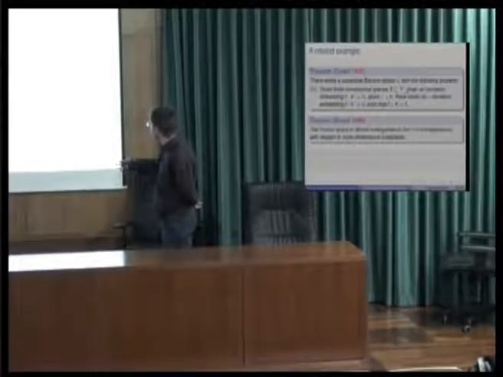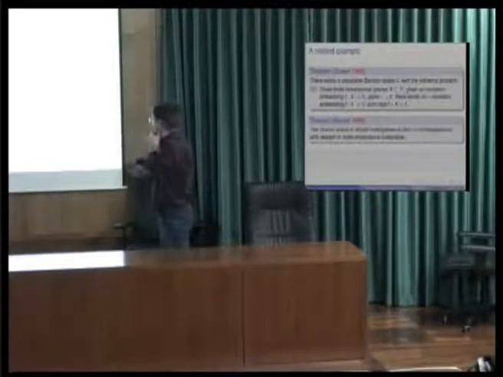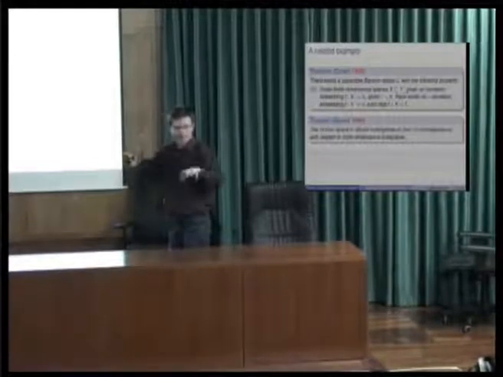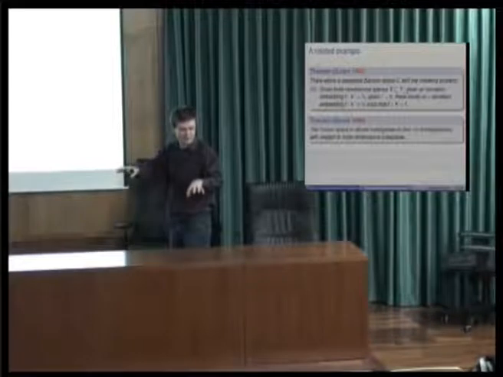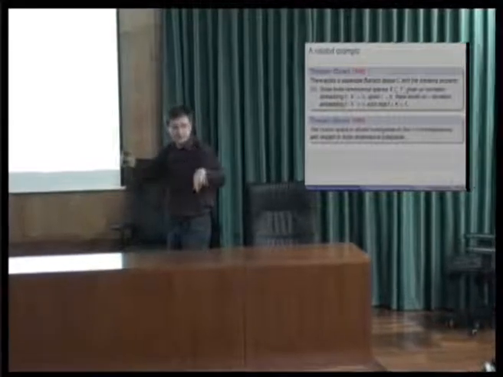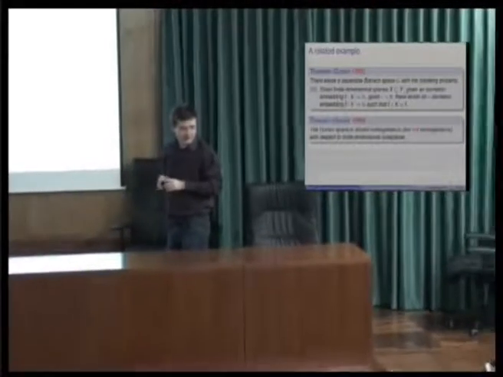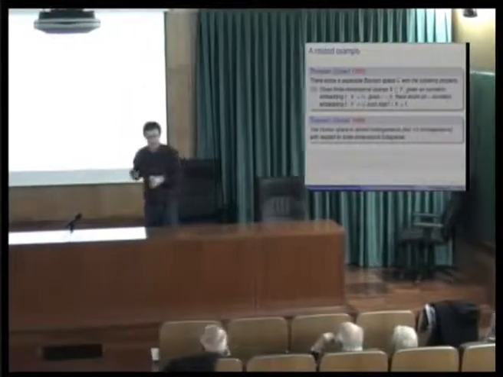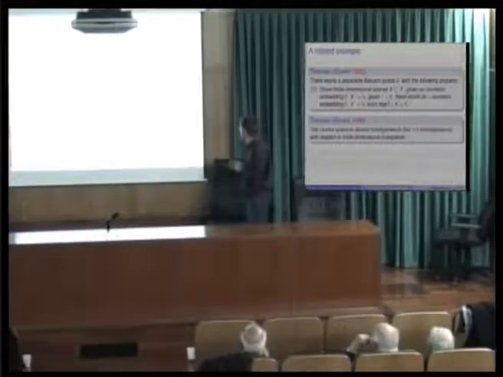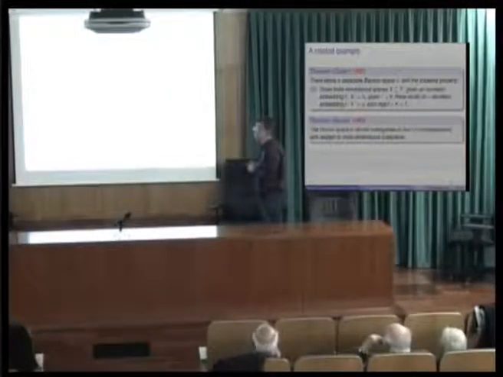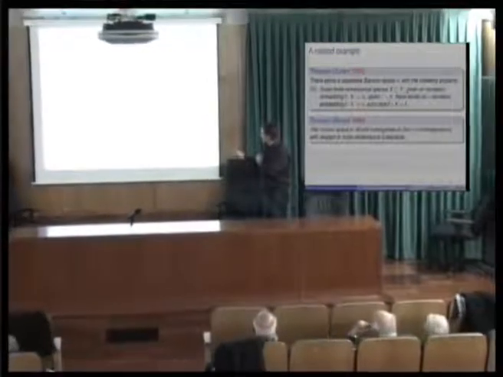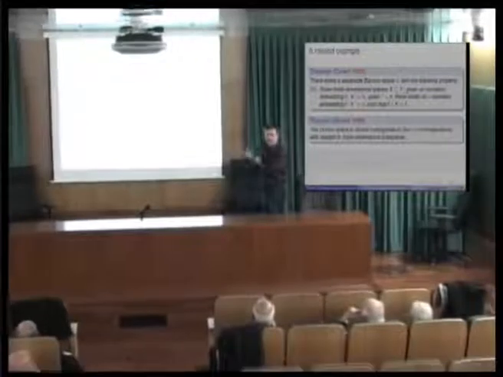Okay, this is what I mentioned here. For the Gurari space, from this condition you could prove something which I call almost homogeneity. This means that every isometry between finite dimensional subspaces extends to a bijective almost isometry. Almost in the sense that its norm is 1 plus epsilon and the inverse is 1 plus epsilon. Okay, but not with isometries. And now, because of this problem, this is different from the Urysohn space.